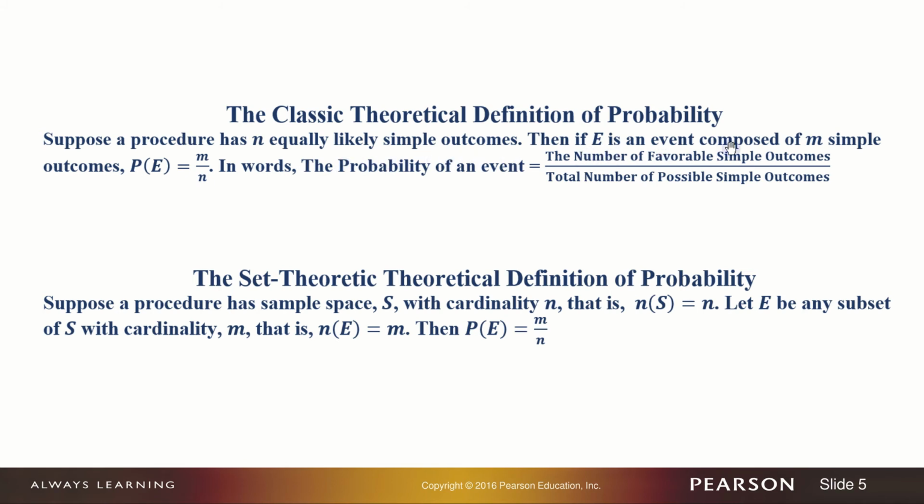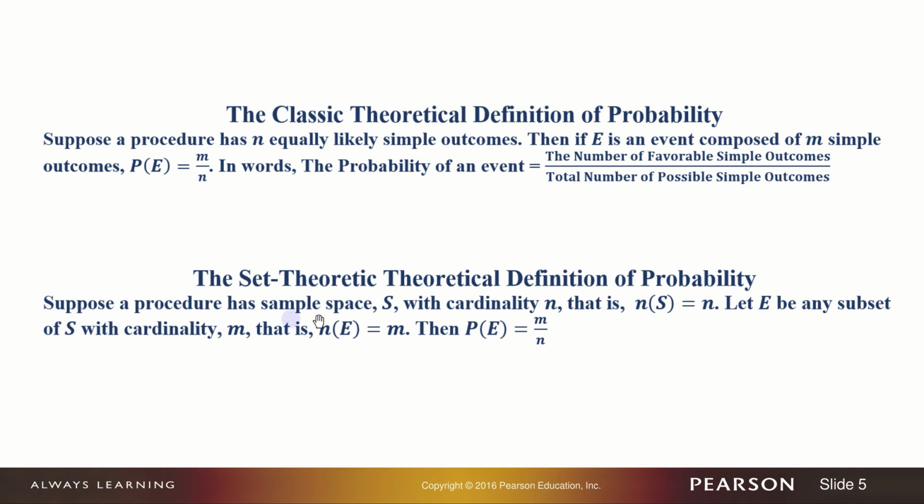Then if E is an event composed of m such simple outcomes, the probability of that event E is just going to be m over n. In other words, the probability of an event is the number of favorable simple outcomes divided by the total number of possible simple outcomes.